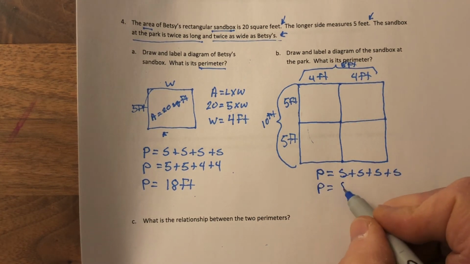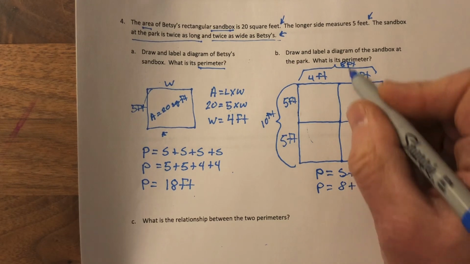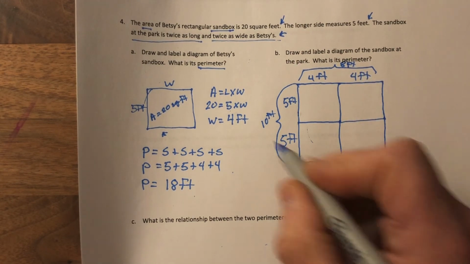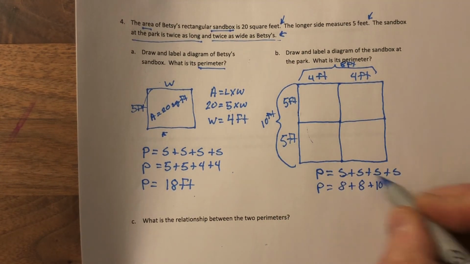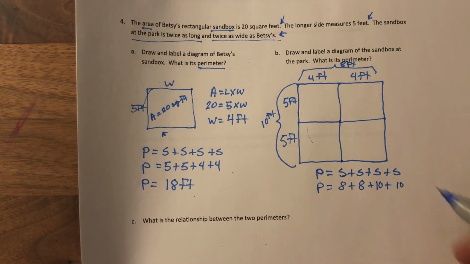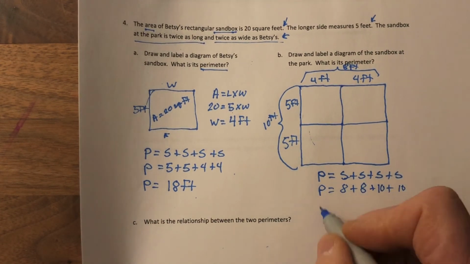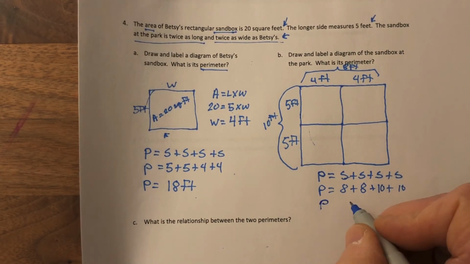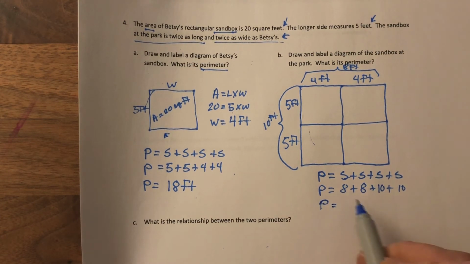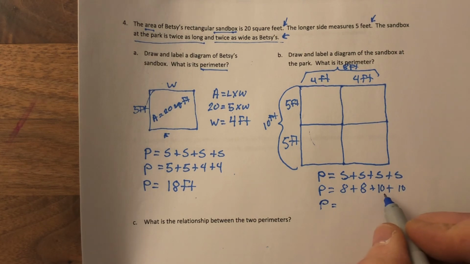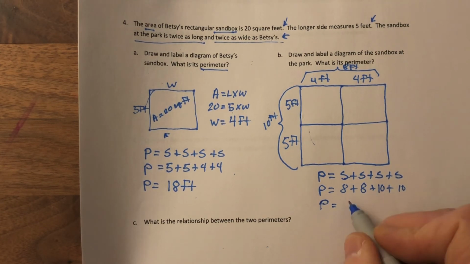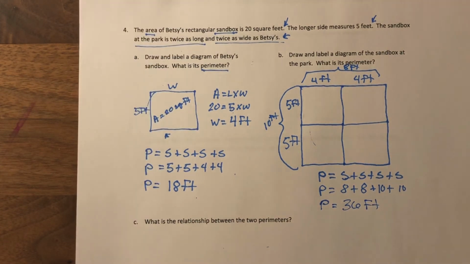P equals 8 plus 8 plus 10 plus 10, opposite sides being equal. Okay. Now I have to add them all up. Perimeter is equal to, let's see, 18 plus 18, right? Or I can do 16 plus 20. That's 36 feet. All right, I figured it out.